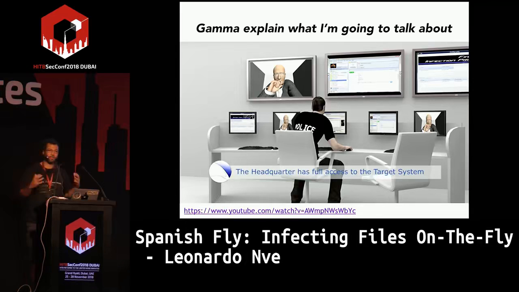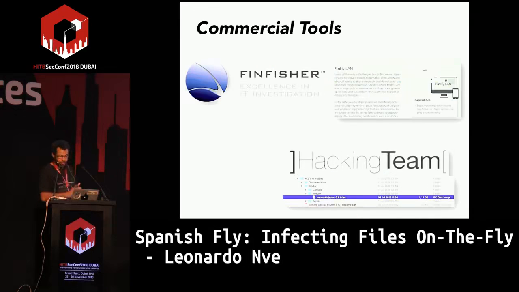This is the reason I started to research this, how it can be done by me, not with commercial software. So, commercial tools: first, as I said, the Gamma Group software. FinFisher is the pack of tools. FinFly LAN is the tool to do on-the-fly infections.